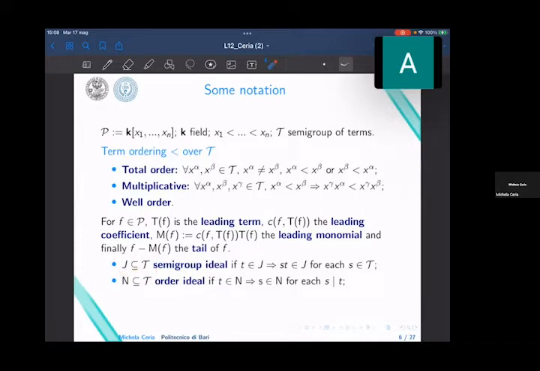J, a subset of T, is a semigroup ideal if it is closed under multiplication by elements of T. So if t is an element in J and I take a monomial s in T, st is an element of J as well. And a set N is an order ideal if it is closed under division. So if I have t in N, then all divisors of t are in N as well.